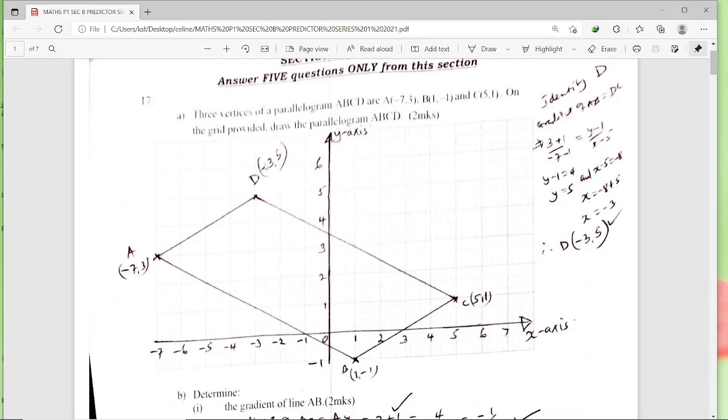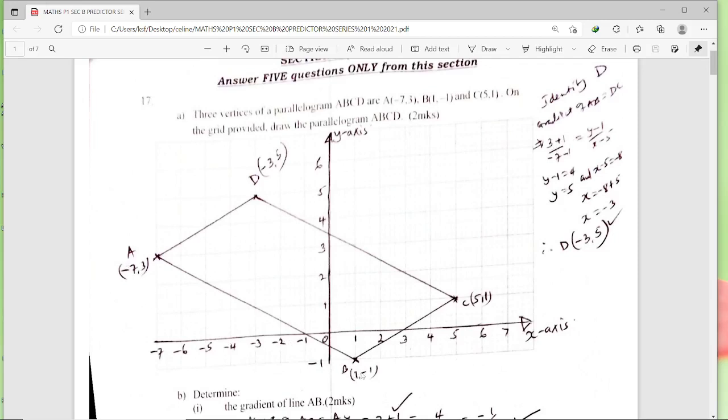For me to find this D, we say that the gradient of AB is parallel to the gradient of DC, where you don't know where D is. So first of all, get the gradient of AB, which is change in y over change in x. The change in y for AB is 3 minus negative 1, which is the same as 3 plus 1, all over negative 7 minus 1.